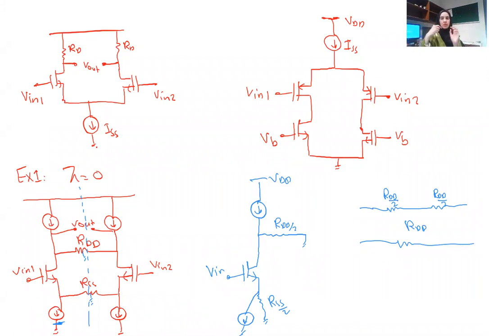Each one of them is half of RDD. And if I make it either this one, number 1, or number 2, they are both equal to each other. So when the line of symmetry has a ground here in the middle, we can replace it with a half circuit equivalent model. Any question on this?